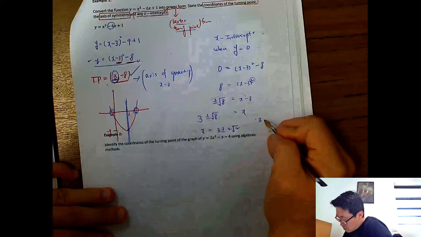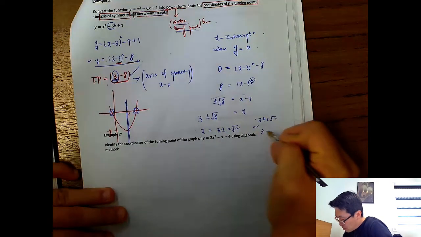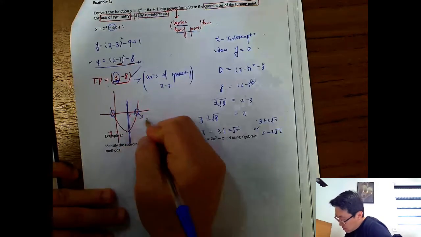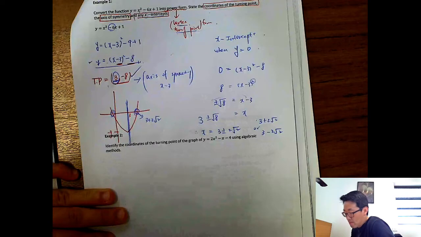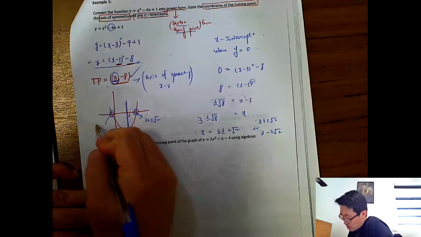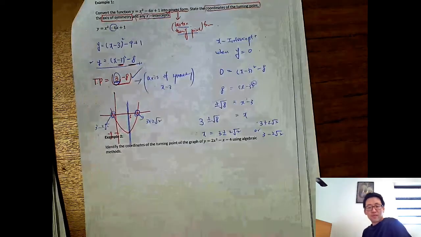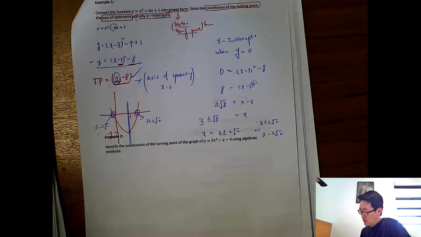So 3 plus this, or 3 minus that. That is going to be 3 plus this, and that is 3 minus this. That's a negative value, because root 2 is 1.4. You happy with that?